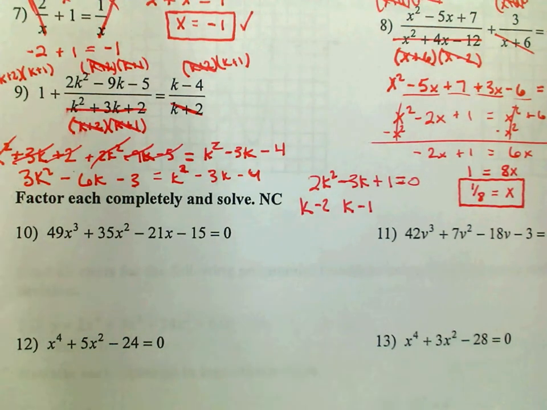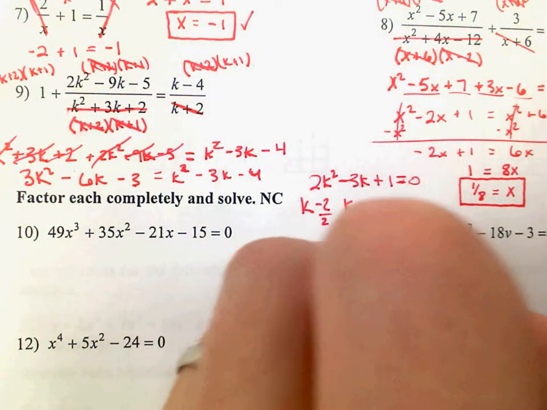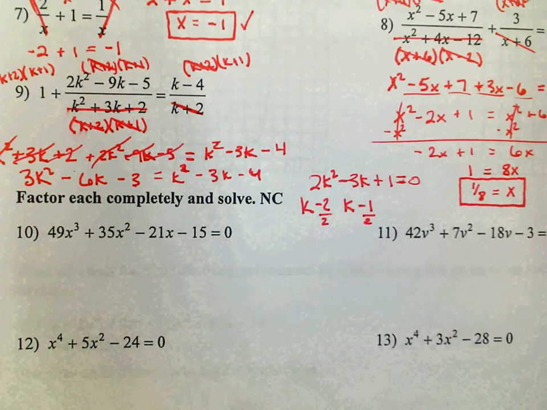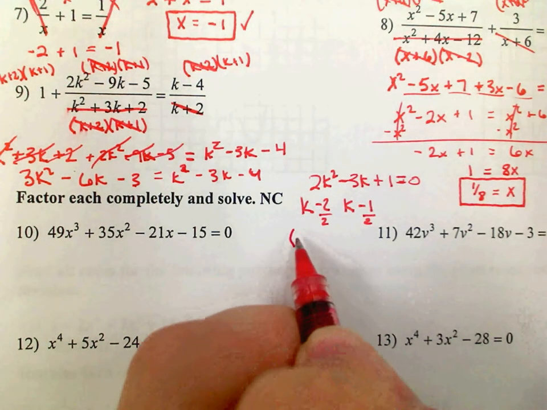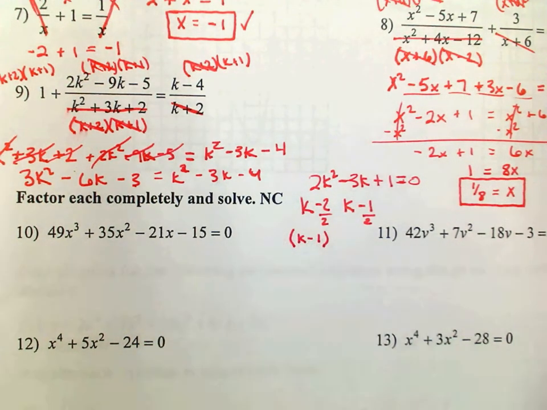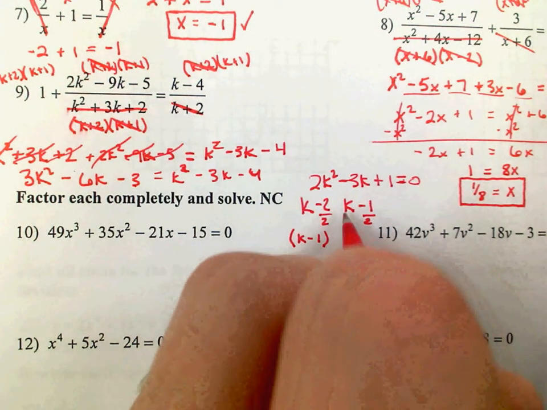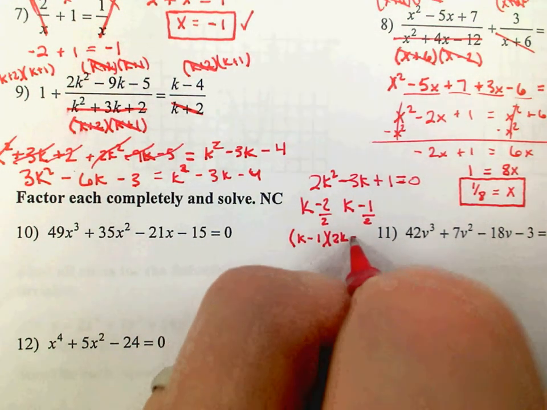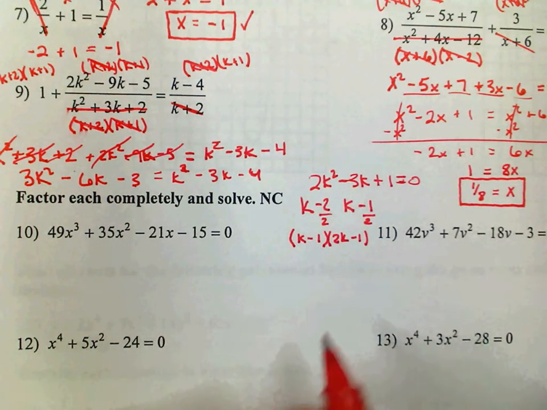If it divides evenly like this one, it would just be k minus 1. If it doesn't divide evenly like this one, we move the 2 up front. So 2k minus 1. That means my solutions are k equals 1 and k equals 1/2.